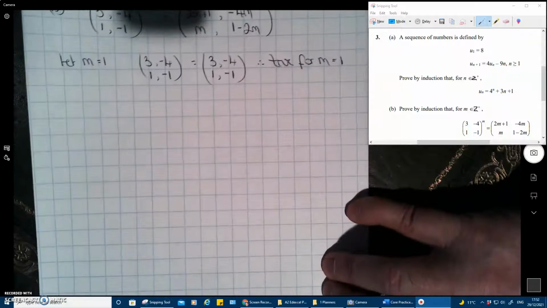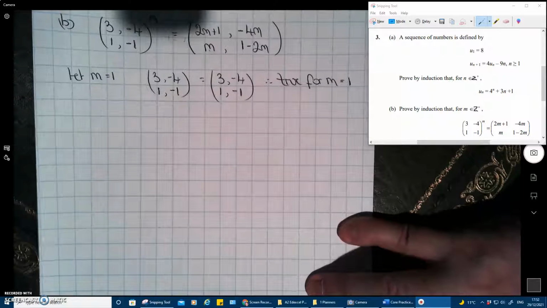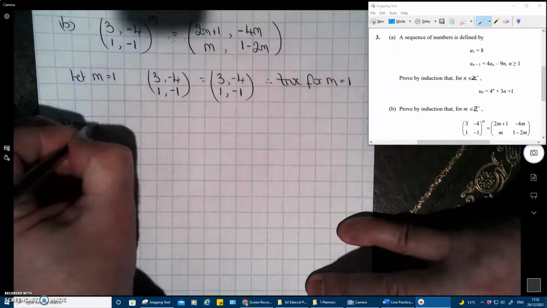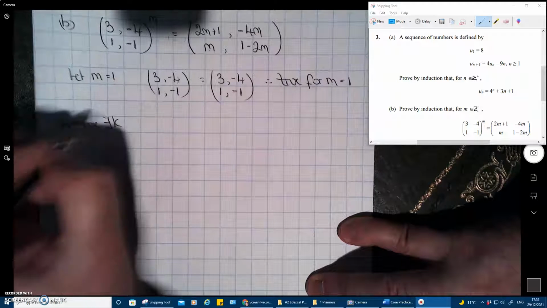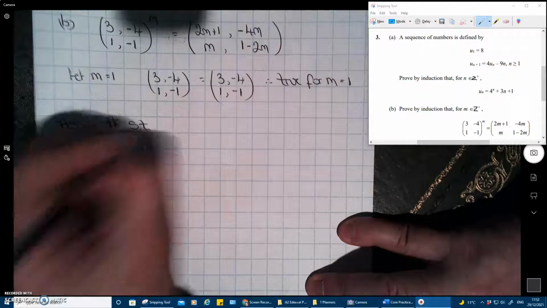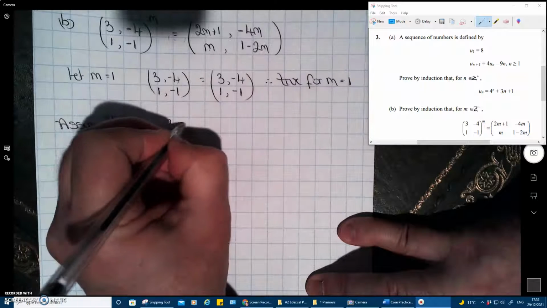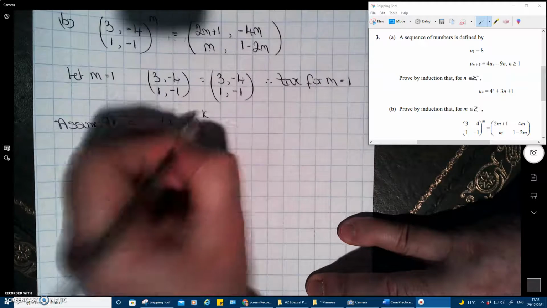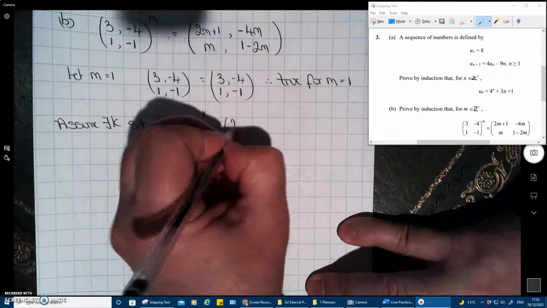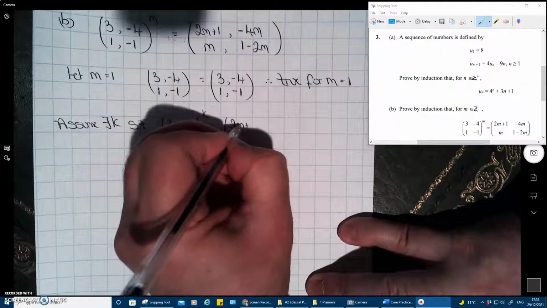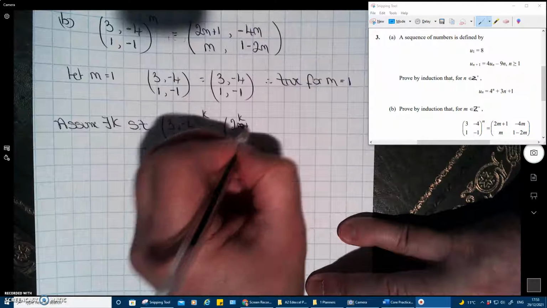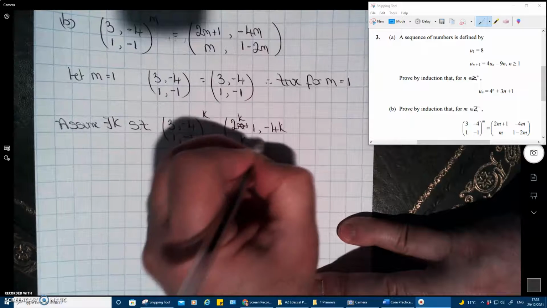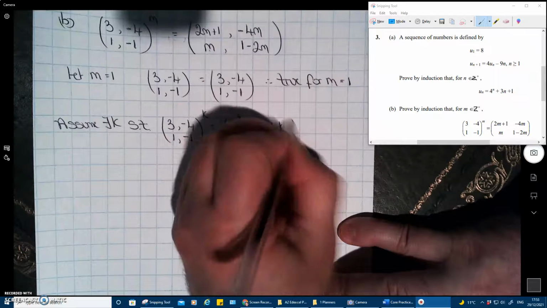Now we're going to move on. We're going to say, well, assume there exists k, so it works for some value k, the general value: 3 minus 4, 1 minus 1 to the power k equals this, oh, not m, k, sorry, 2k plus 1 minus 4k, k, 1 minus 2k.